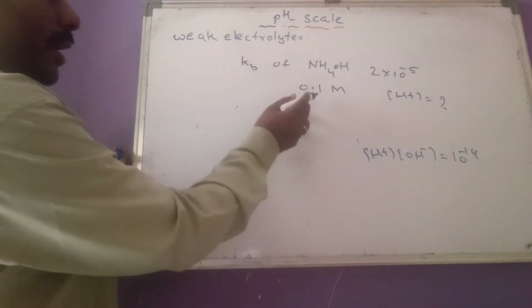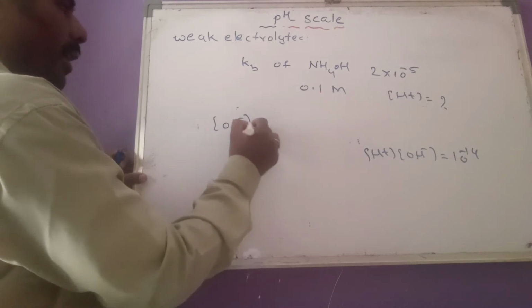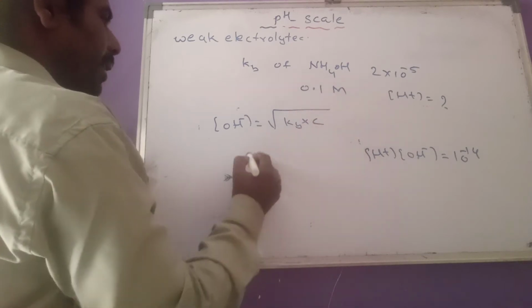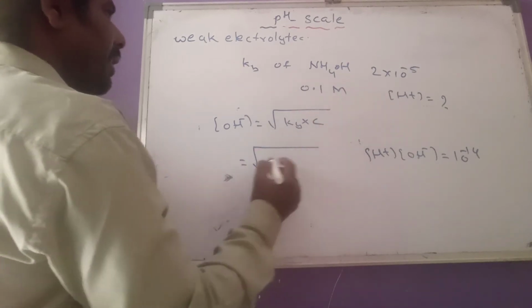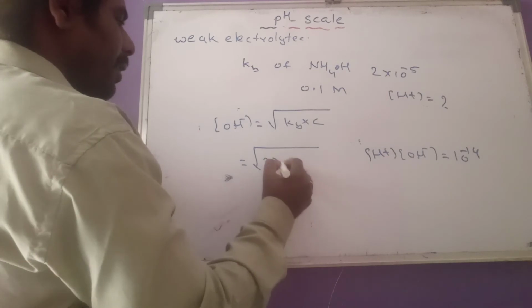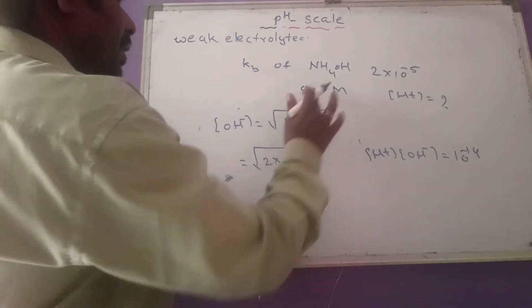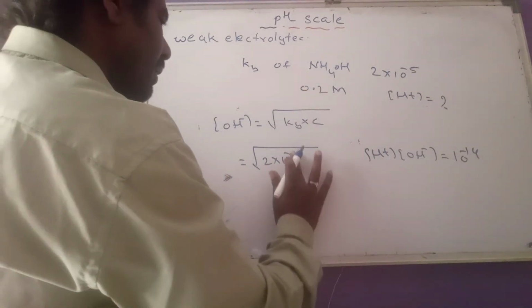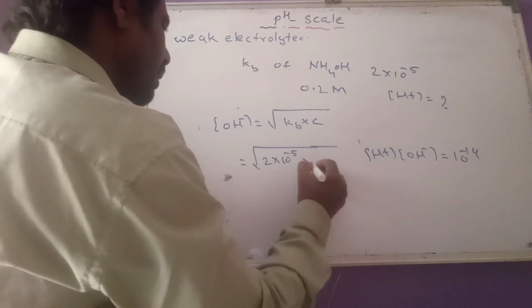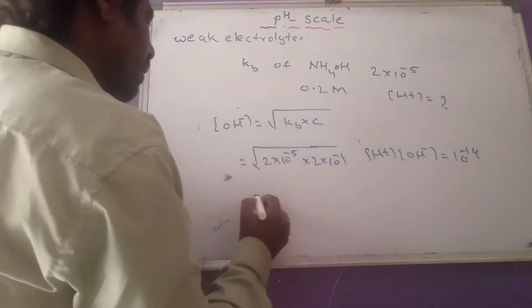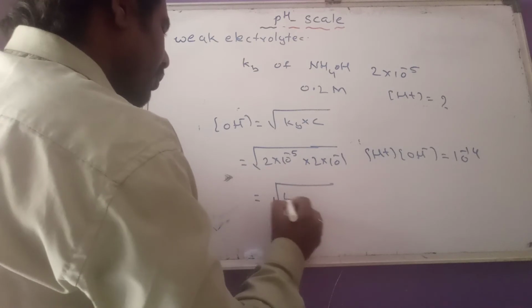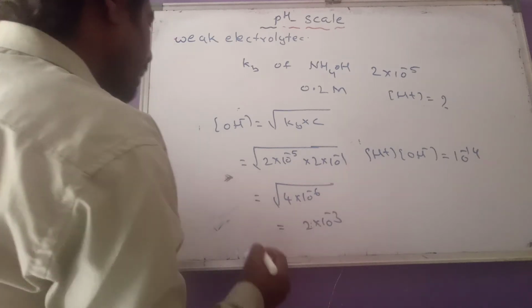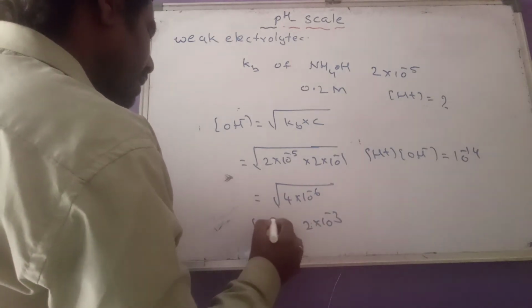Using Kb and concentration, OH minus concentration equals root over Kb into C. That means we write 2 into 10 power minus 5, and let it be 0.2 M, which can be written as 2 into 10 power minus 1, and we get 4 into 10 power minus 6. That means 2 into 10 power minus 3.